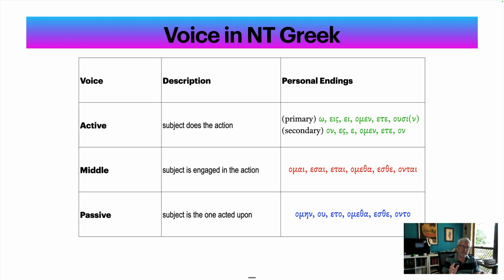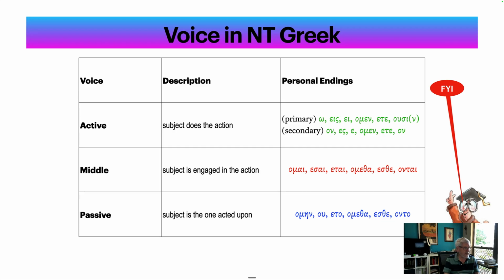These are not things to be learning other than to learn the concept that there are going to be active forms of the verb, middle forms of the verb, and passive forms of the verb. Okay, the software will look after the rest for us. We have to have the mental framework so that when Accordance says this is middle or this is passive, we know what that implies.